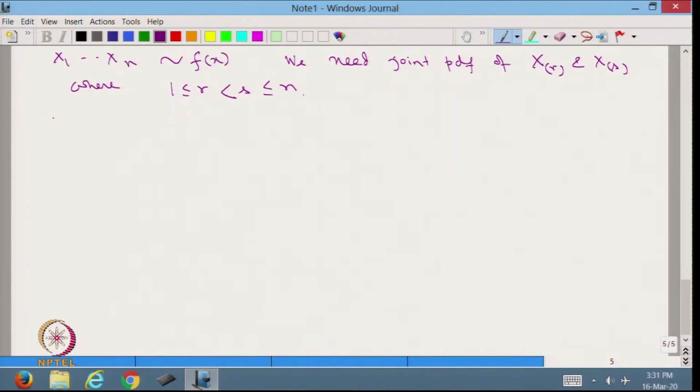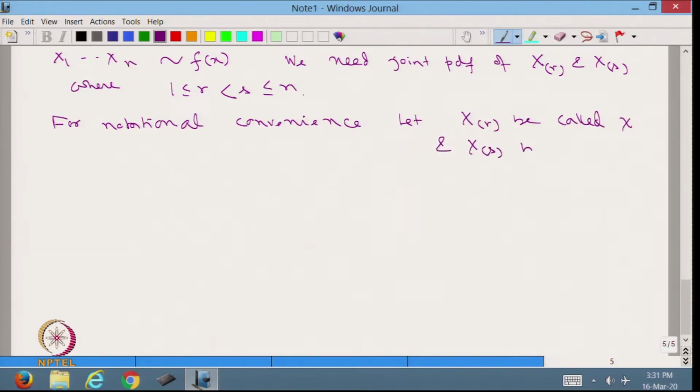For notational convenience, let X_r be called X and X_s be called Y. We are looking at f_{X,Y}(x, y).